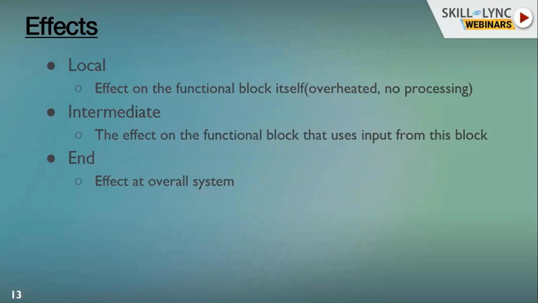But the next system that uses the output from this local one becomes the intermediate side. What will be the effect on the intermediate system, subsystem or component, which usually takes the input from the local one? And the end effect you can do in two ways: you look at the overall system, or you look at it from the customer perspective.